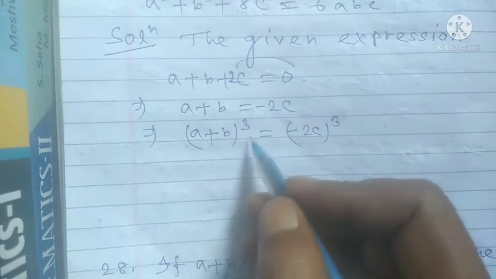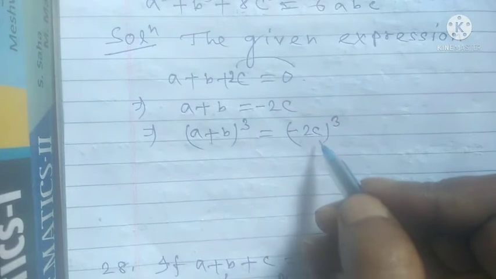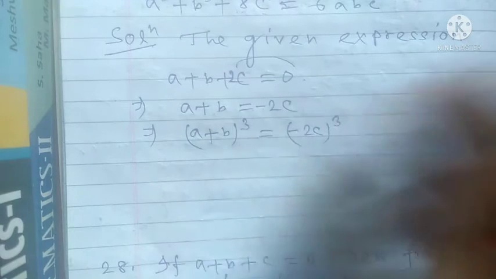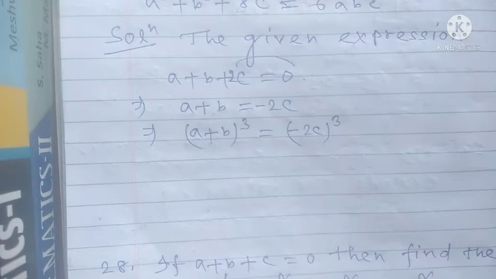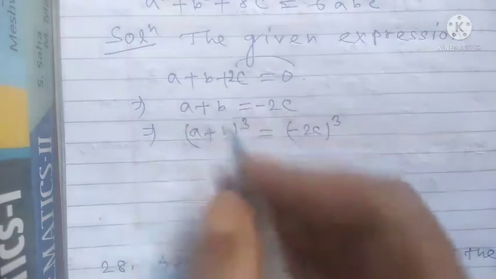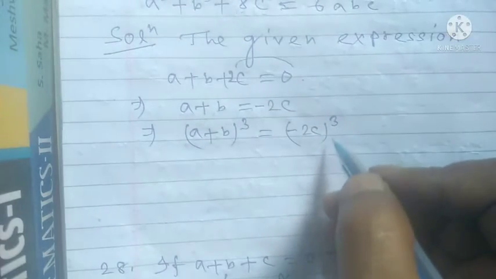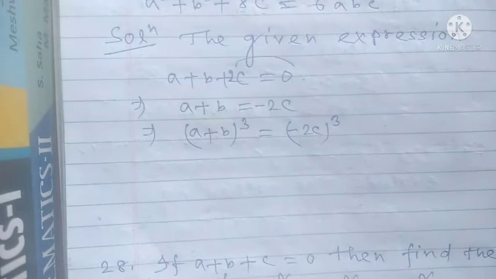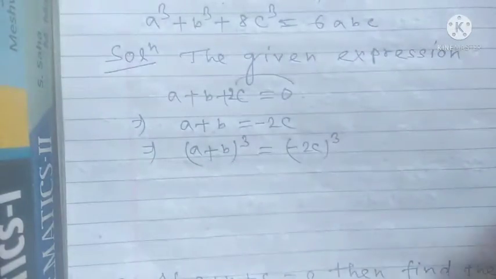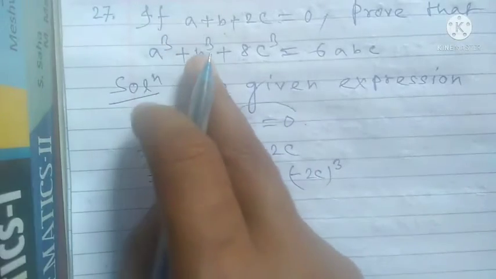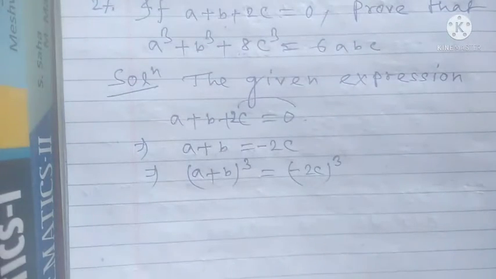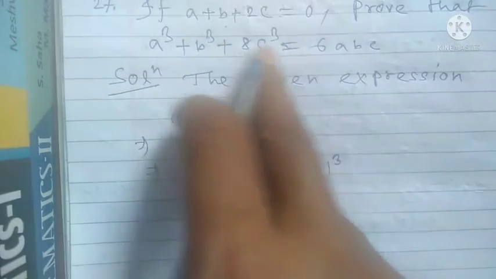And it will be a plus b whole cube is equal to minus 2c whole cube. We have to cube on both sides, that means a plus b whole cube and minus 2c whole cube. Why do we have to cube? Because here is a cube plus b cube plus 8c cube. So my dear students, the power is 3 and here the power is also 3.